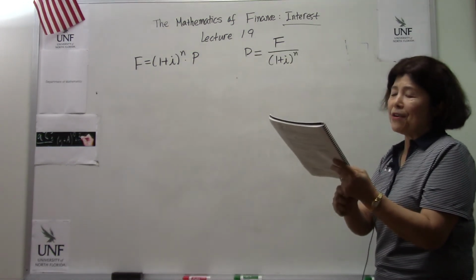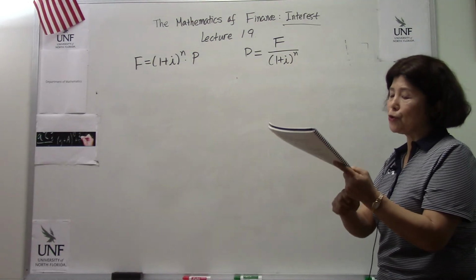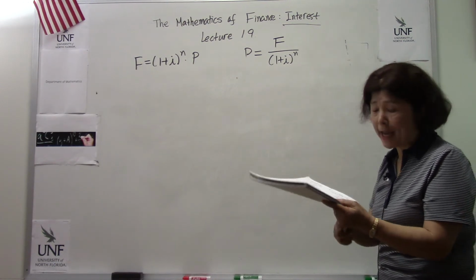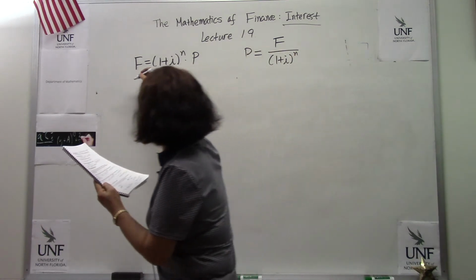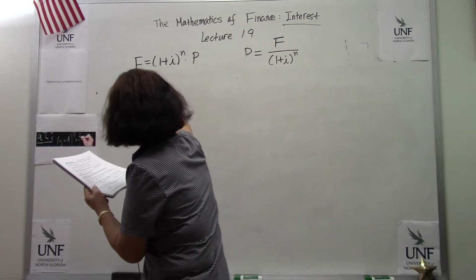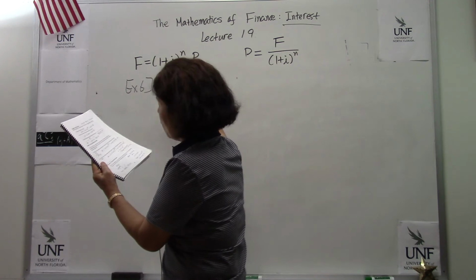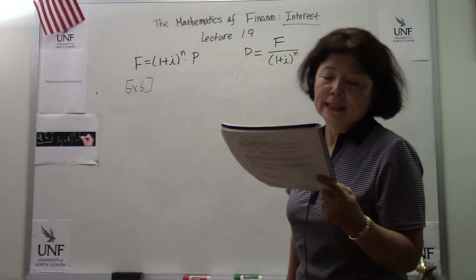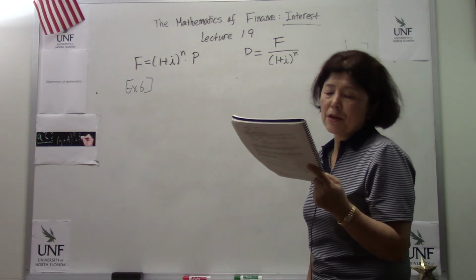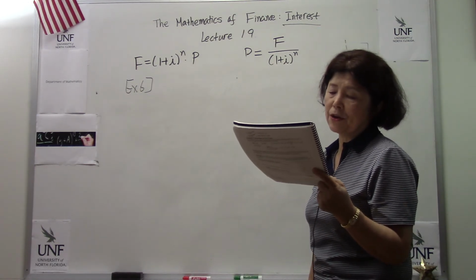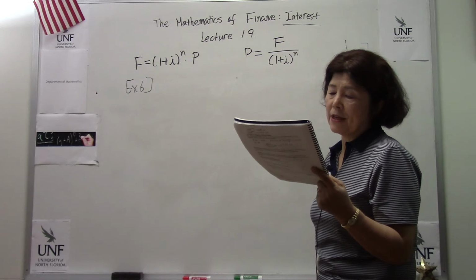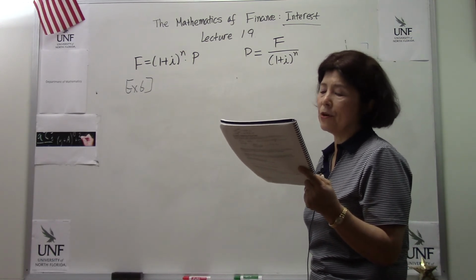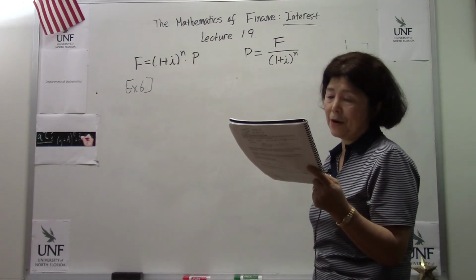Example 6 is a very interesting case. I want you to sit down, compute it yourself, and appreciate it. I'm going to check on you next time. In 1626, Peter Minuit, the first Director General of the New Netherland province, purchased Manhattan Island for trinkets and cloth valued at about $24.